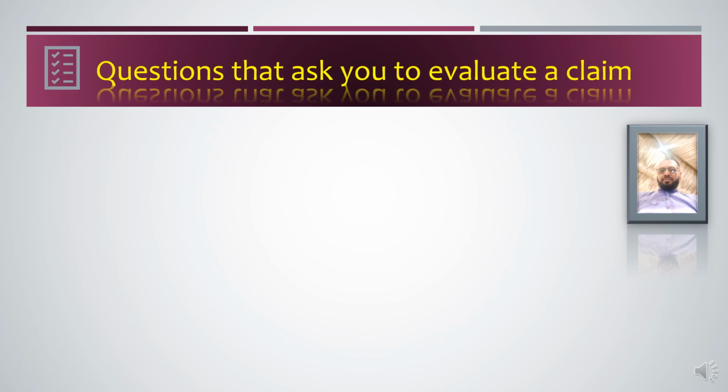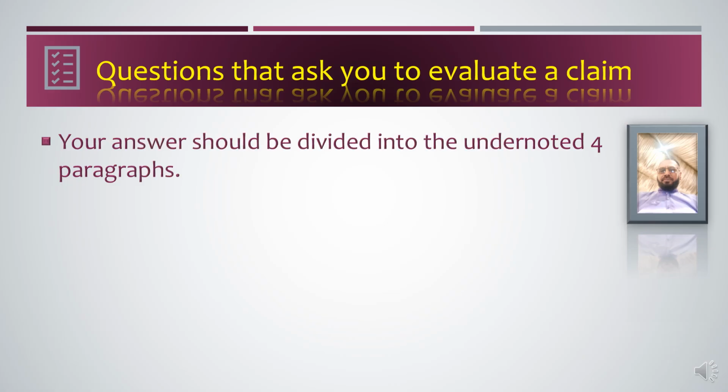Now, take the question that asks you to evaluate a claim. Suppose a question is asked and they ask you to evaluate a claim which has been made by different social activists of different societies. How are you going to formulate the answer for that? Your answer should be divided into 4 sections.